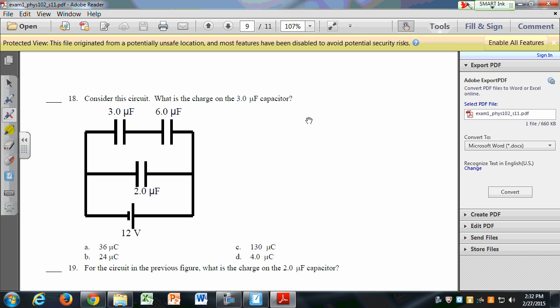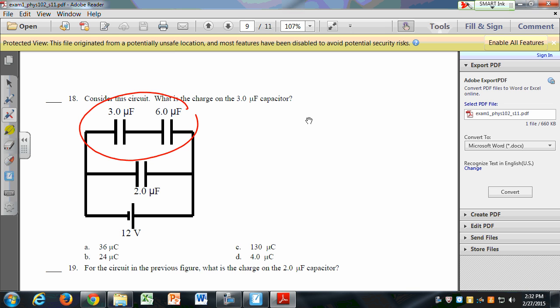The other way that you could do that is you could say a 3 and a 6, that's an equivalent of not 9, but what? Yeah, 1 over 3 plus 1 over 6. Right, so that's an equivalent of 2 microfarads, and that equivalent charge will be Q equals CV. Let me write this down.